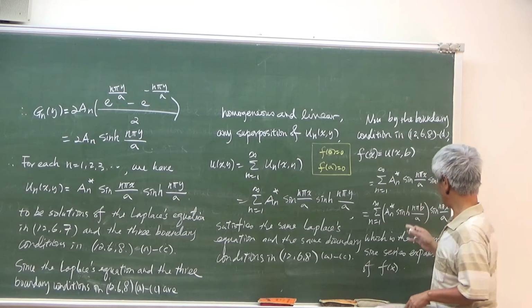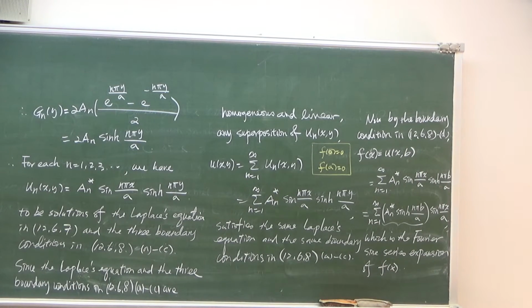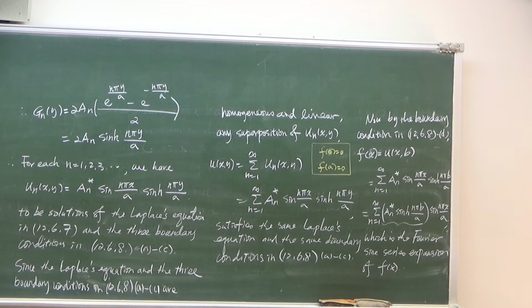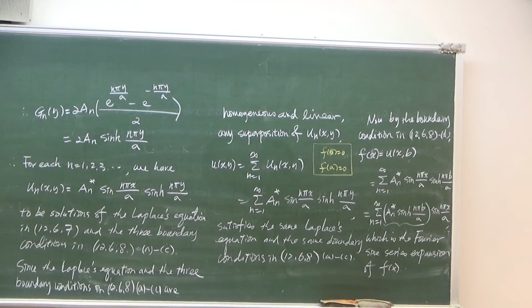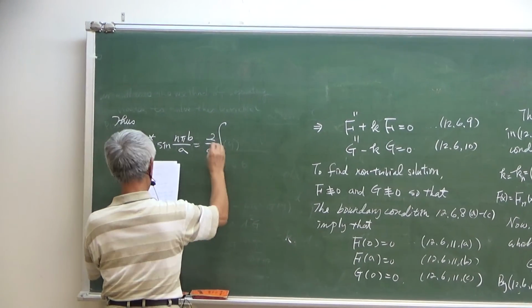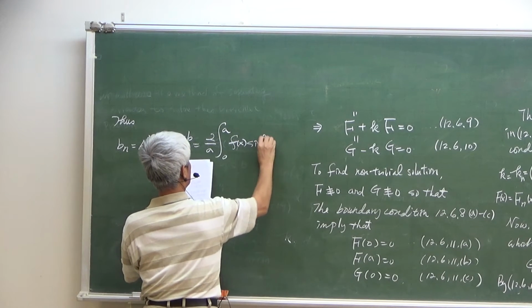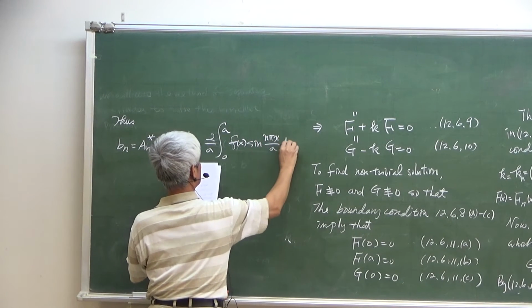Right, so we know how to find the coefficient. So b_n is equal to 2 over a, the integral from 0 to a of f of x sine n pi x divided by a dx.